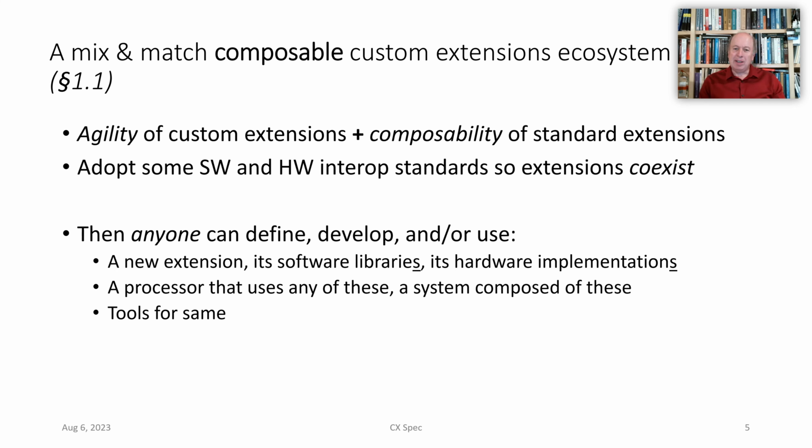If we do this, then anyone, individual, company, school, or group, can rapidly define, develop, and reuse a new custom extension, its software libraries, its hardware implementations, CPUs that these all snap together into, systems composed of these, and open tooling for the same.